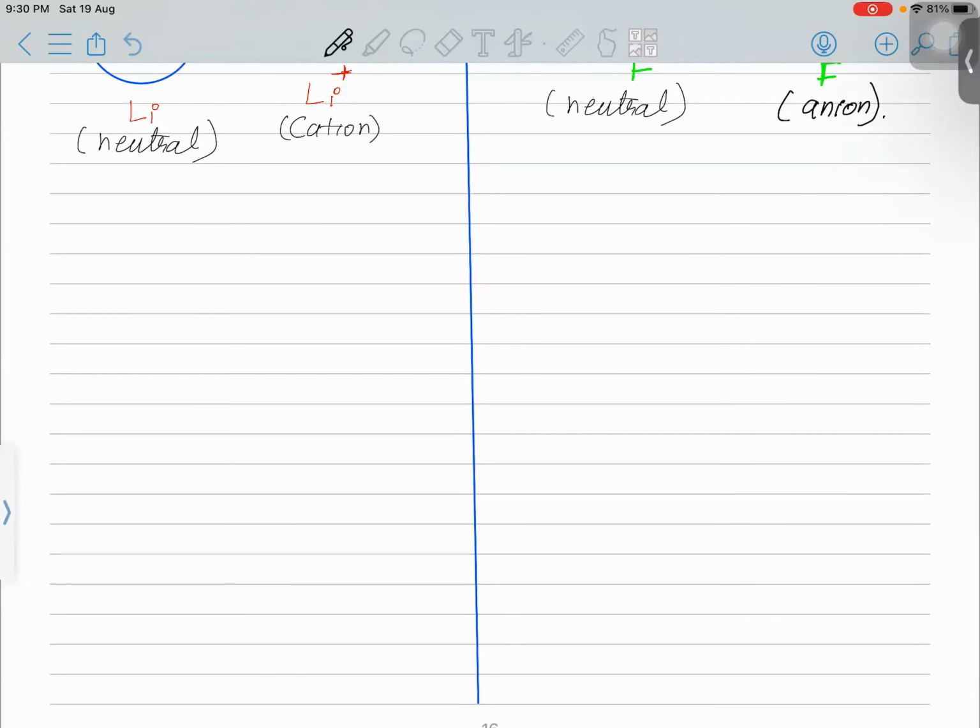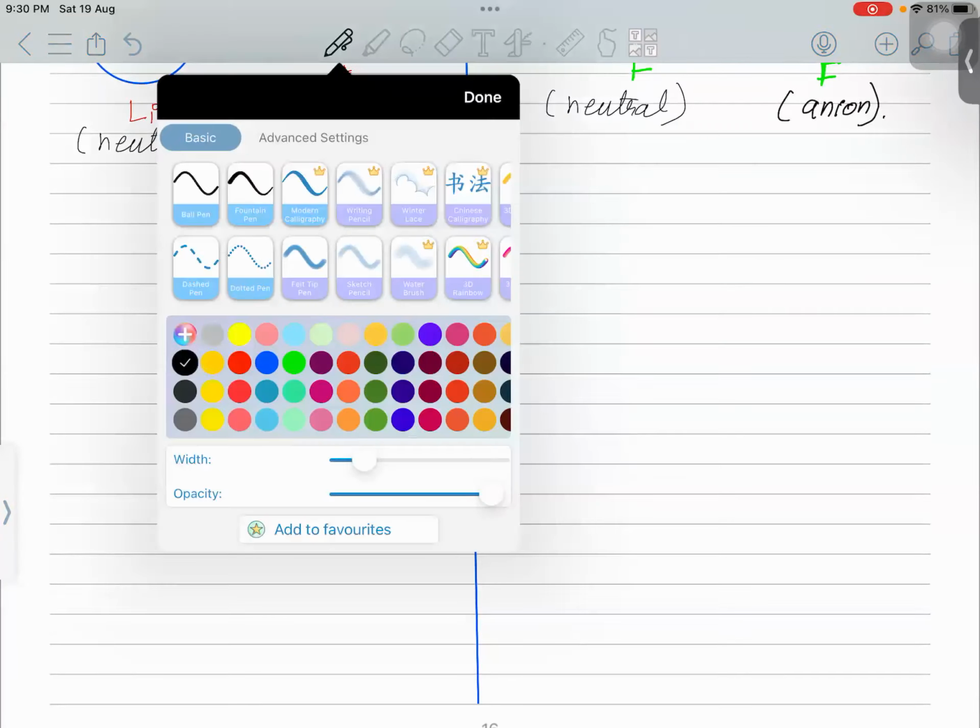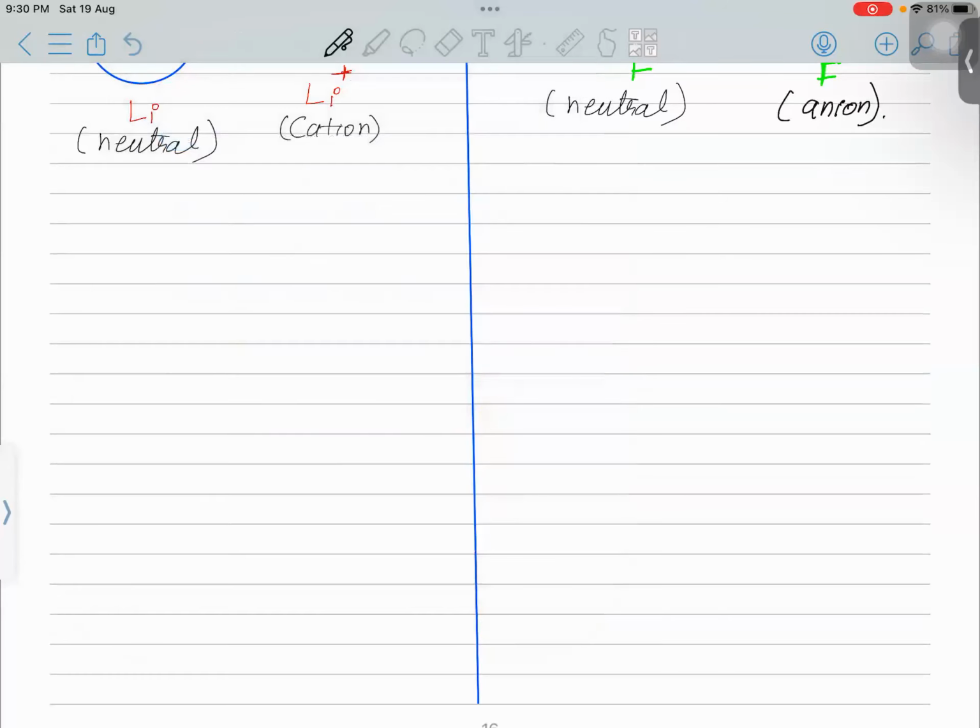Now ionic bond formation. Next is ionic bond.